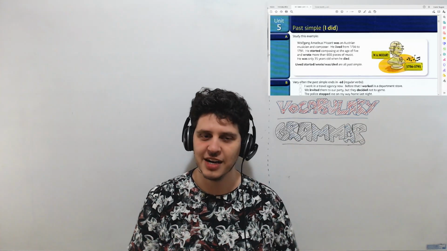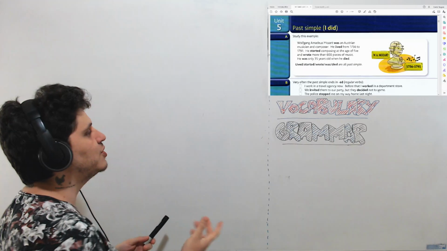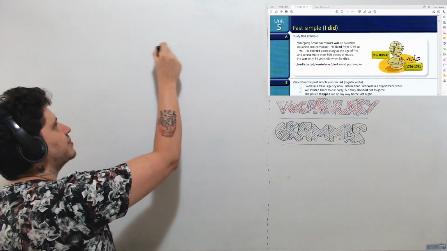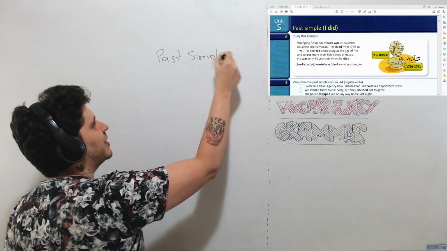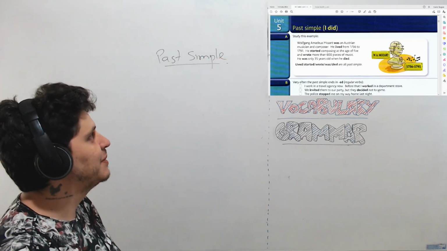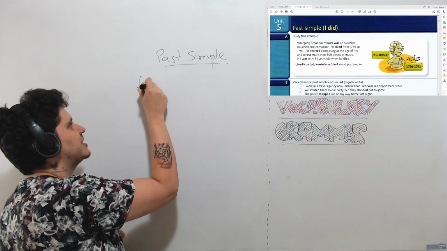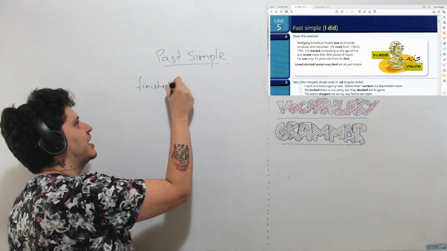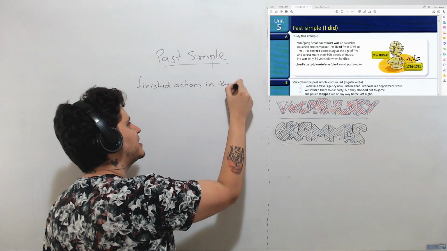So let's get started by setting the usage. When do we use past simple? And this answer must be very clear in your head, dear student. Past simple is a verb tense used for finished actions in the past.